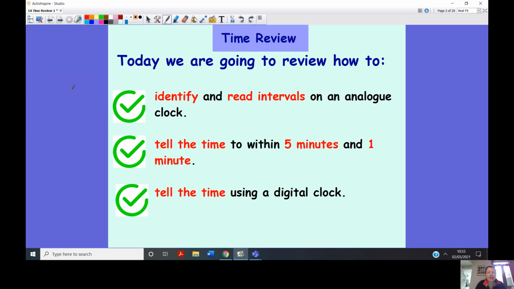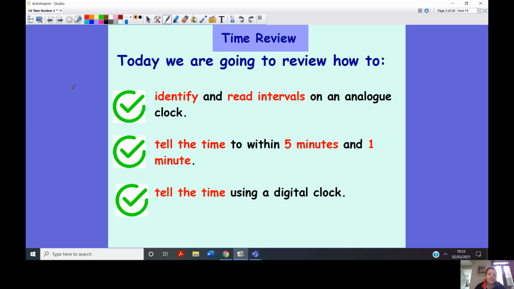So today, I haven't said exactly what we're going to be doing. Today we're going to be doing a review on time. We're going to be doing a review over the next 2 lessons, and we're going to recap a couple of the topics that we've looked at. Topic number 1 is reading intervals on an analog clock, which is going to help us to tell the time within 5 minutes and 1 minute on an analog clock.